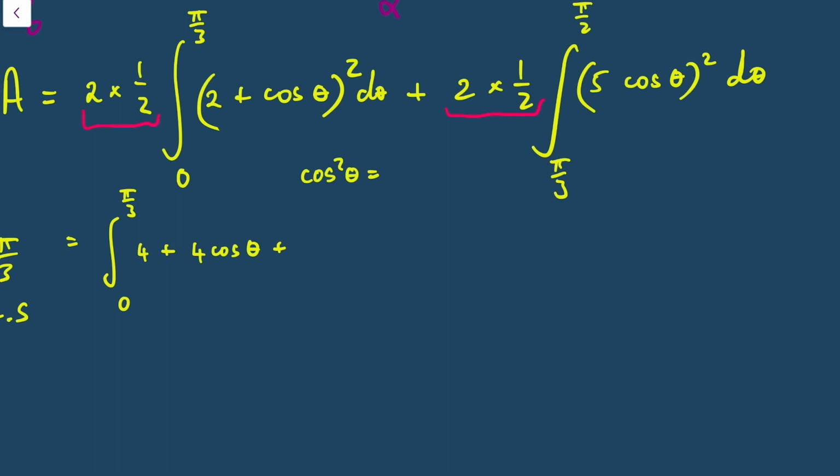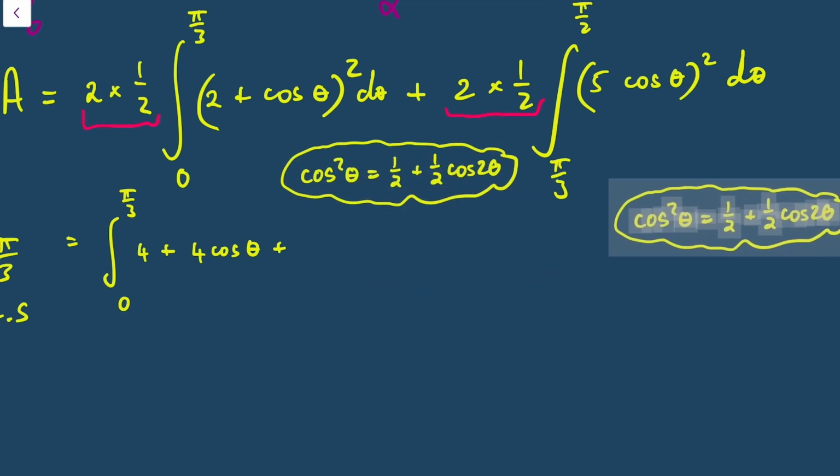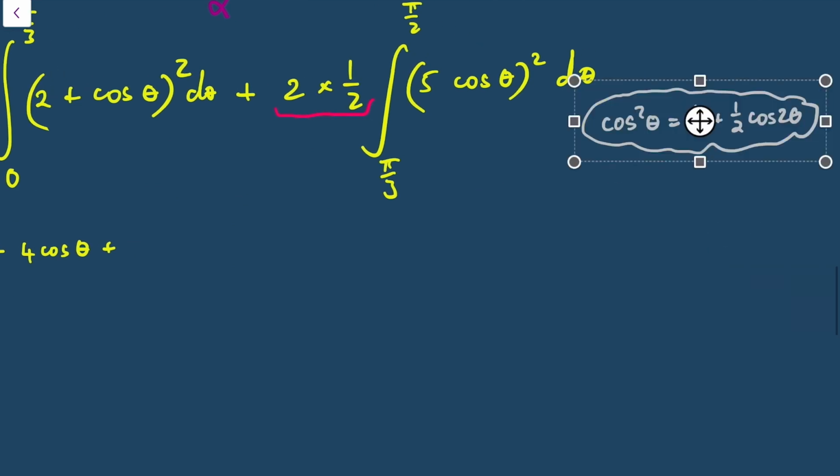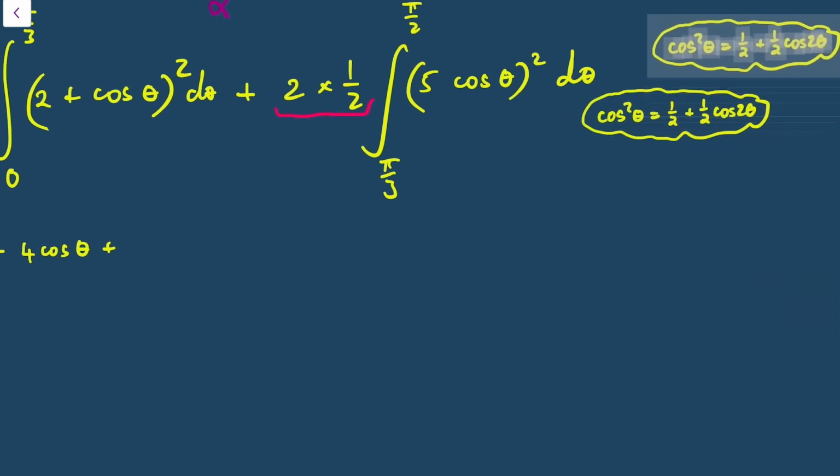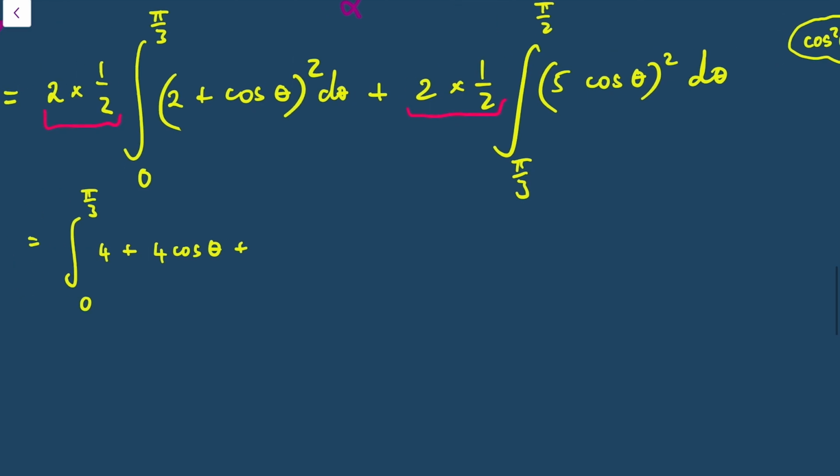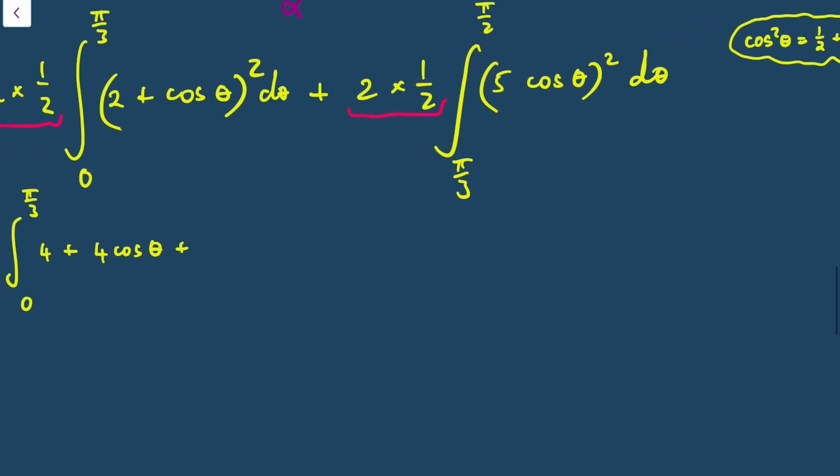And you've hopefully memorized that cos squared theta is 1/2 plus 1/2 cos 2 theta. Obviously, we should do this bit of working on the side here in the exam, just to keep our thoughts organized. So I'm going to add that in there, plus 1/2 plus 1/2 cos 2 theta.